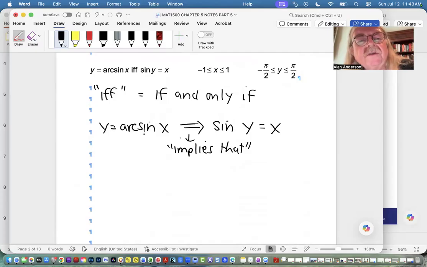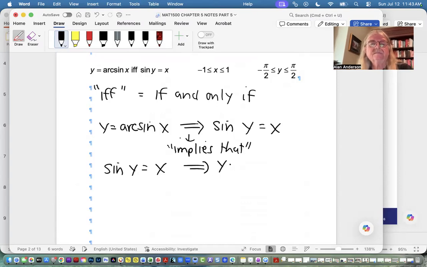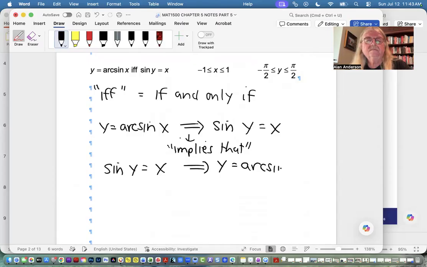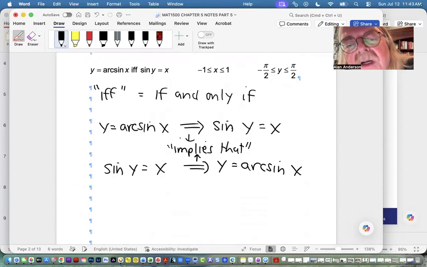So y equals arc sine of x implies that sine y equals x, but it also goes both ways in this case. In other words, y equals arc sine x implies that sine y equals x, and sine y equals x implies that y equals arc sine x.